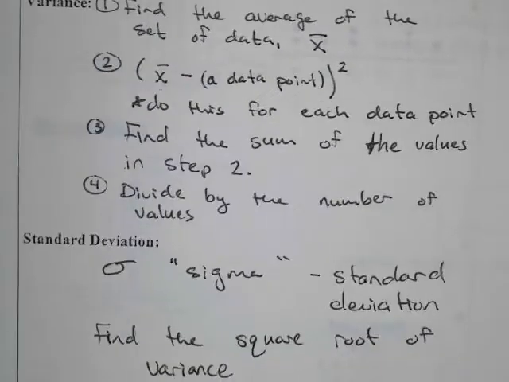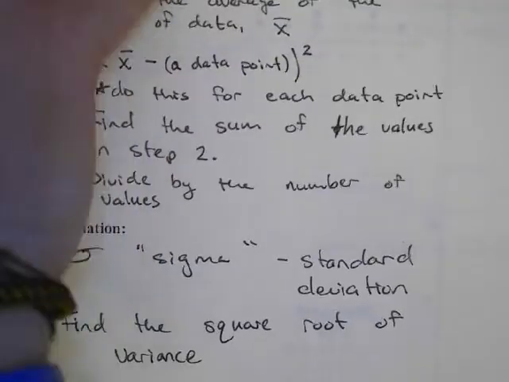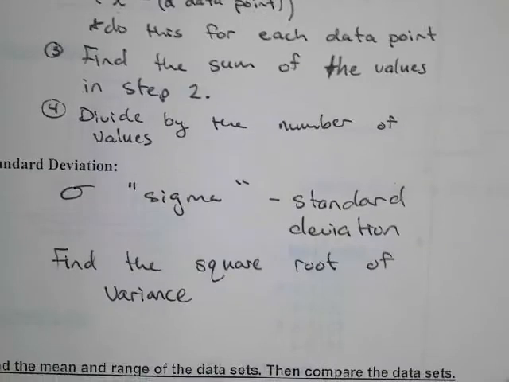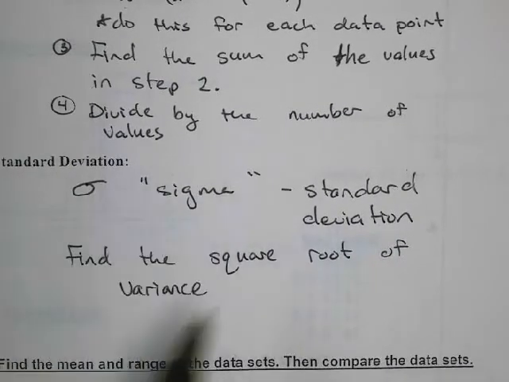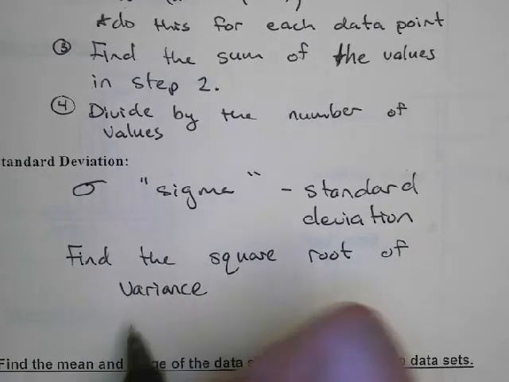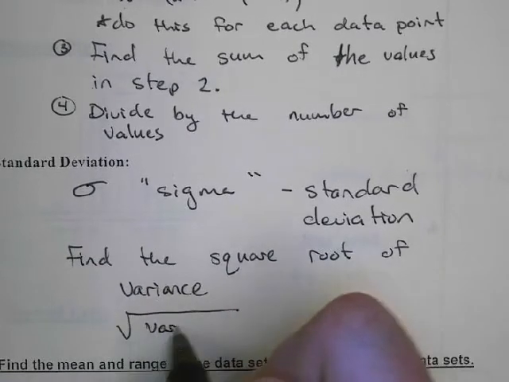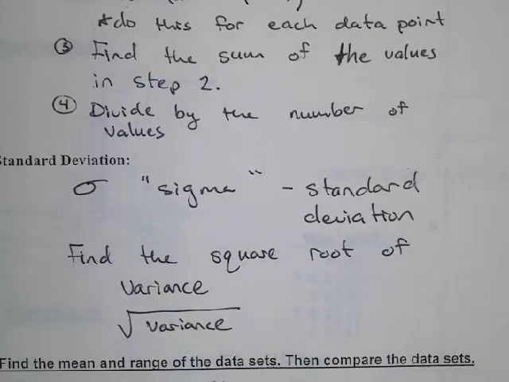So after you've finished finding the variance, then you just take the square root of that value. So we'll take the square root of the variance, and then you'll have the standard deviation.